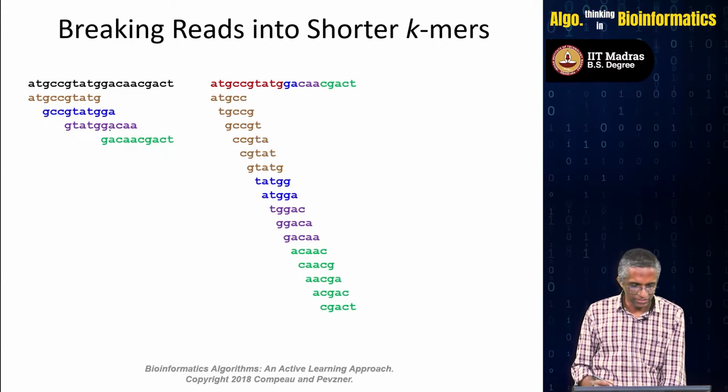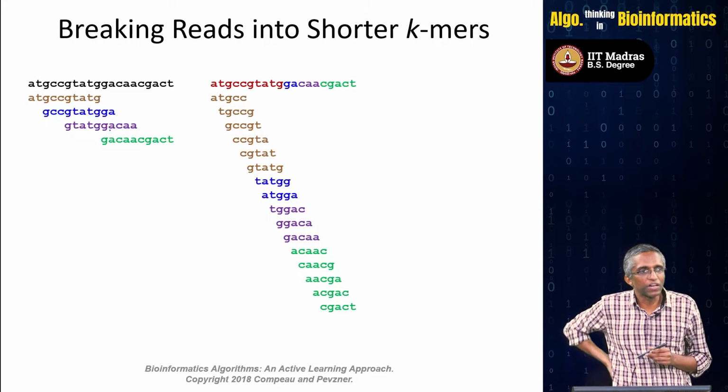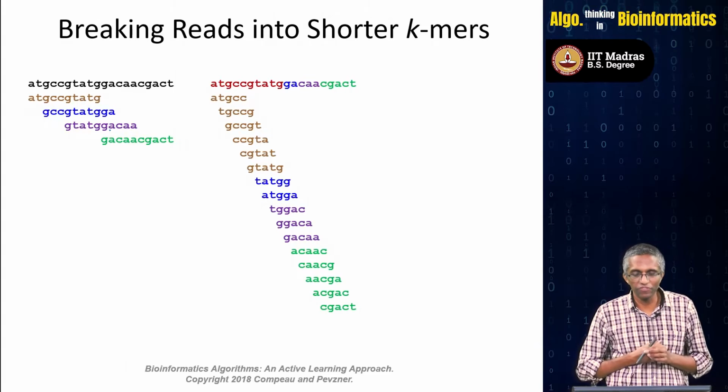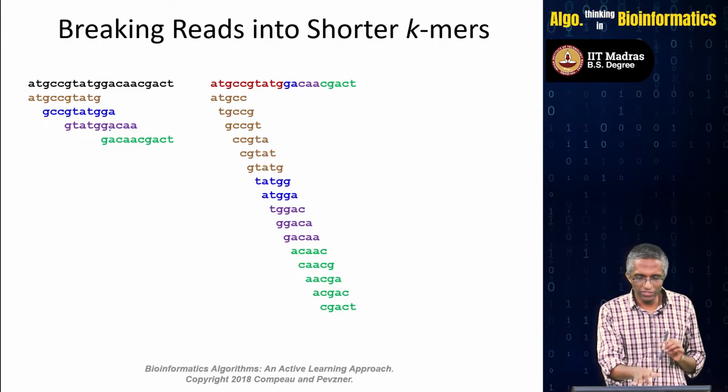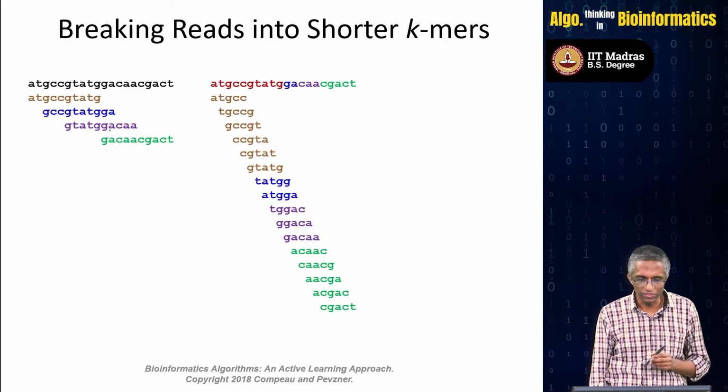That is what is illustrated here. You want to break your reads from longer k-mers to shorter k-mers. Here they are 10-mers, but now you are making them 5-mers. If you make them 5-mers, then you are able to cover the k-mers that start at every location in the genome, like shown here.